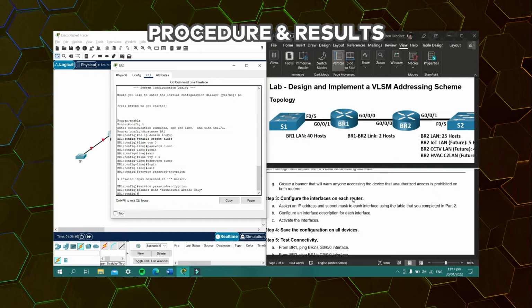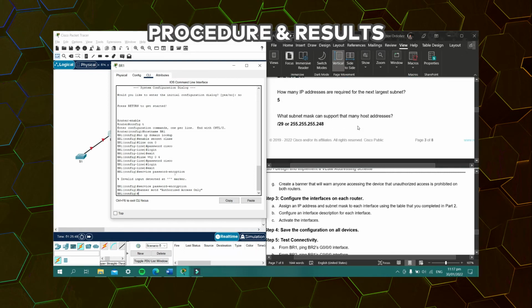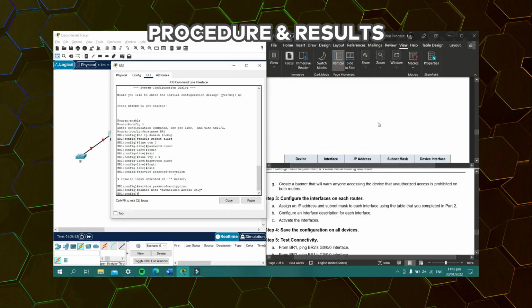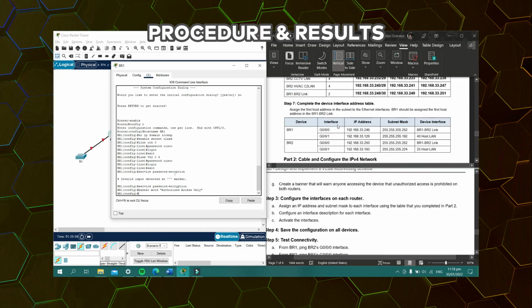Next, configure the interfaces on each router. Assign an IP address and subnet mask to each interface using the table that you completed in part 2. So this is the table for part 2 here.